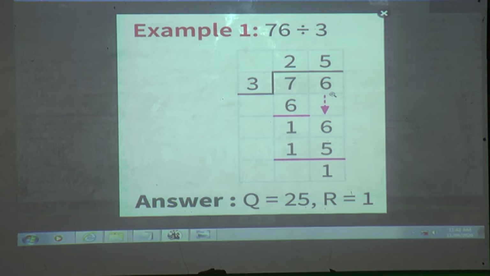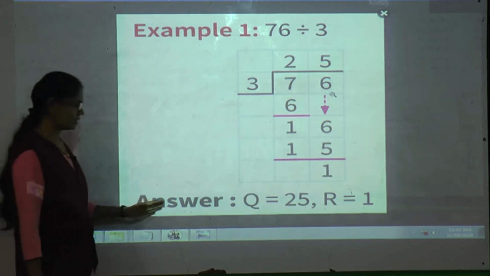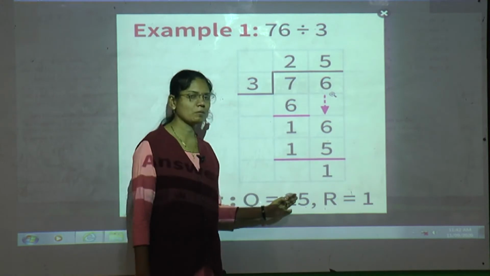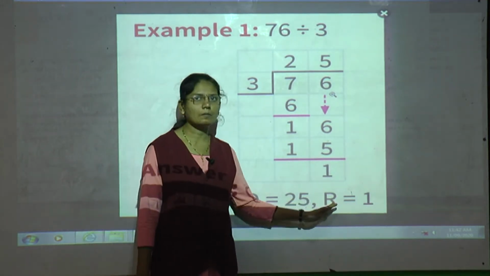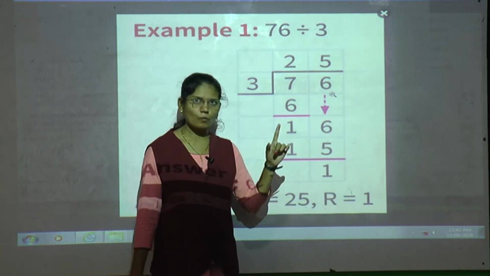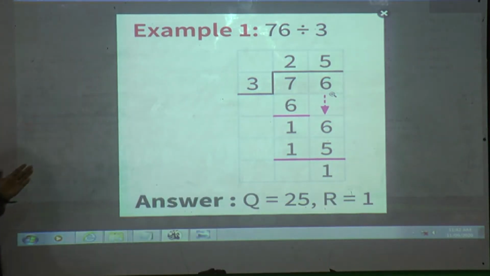Here the remainder is 1 and the quotient is 25. So finally you have to write the answer, that is Q is equal to 25, where Q means quotient, and R means remainder is equal to 1. Clear how to do the division with remainder?